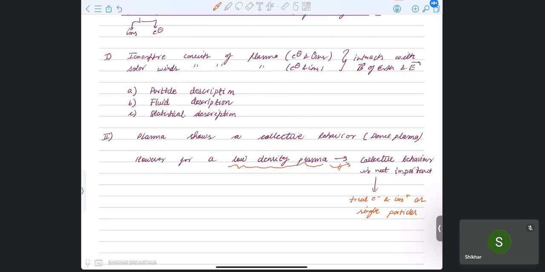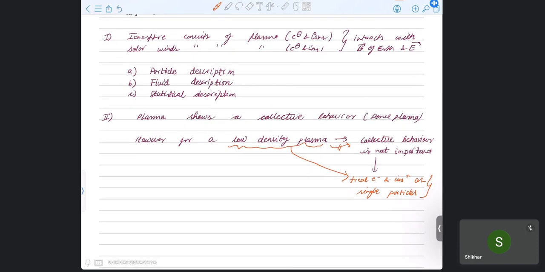We can directly understand the motion by treating the electron and ion as single particles. So you set up the equation of motion for a single electron or a single ion, and then you try to understand it for the entire system. Understanding the motion of a single electron and ion will give you a fair amount of knowledge of how the electrons and ions are moving within the plasma.